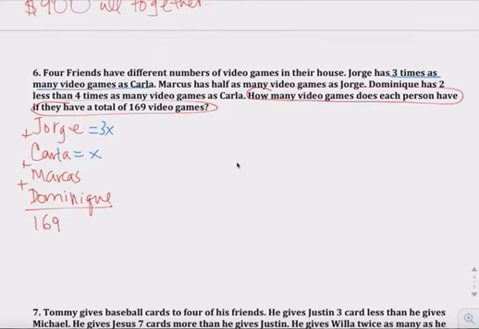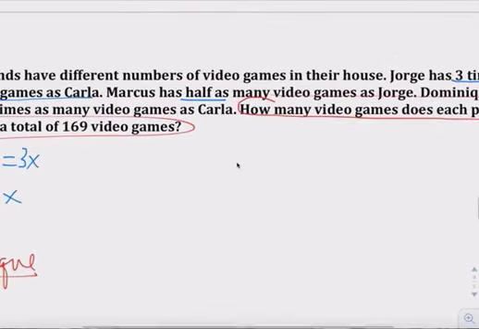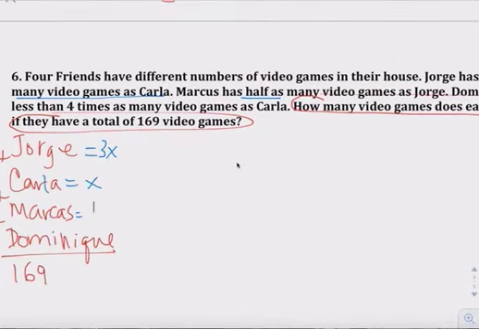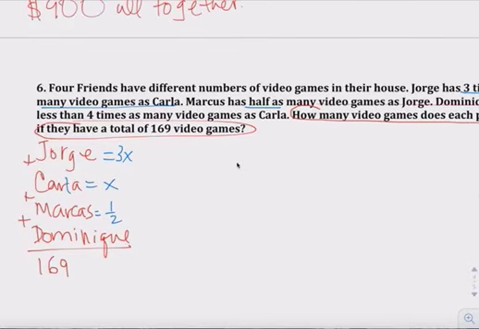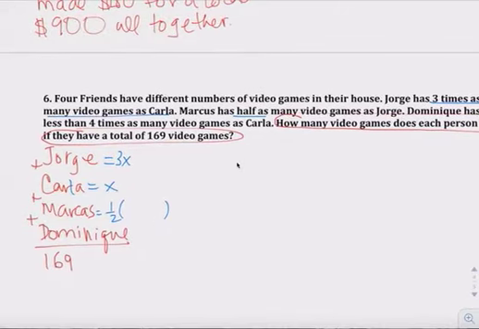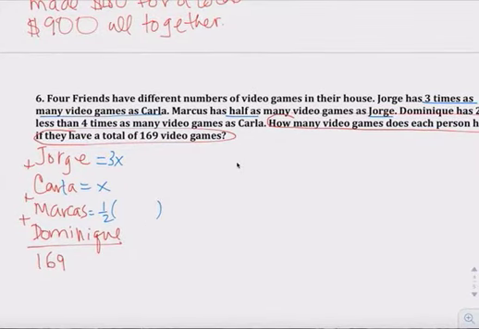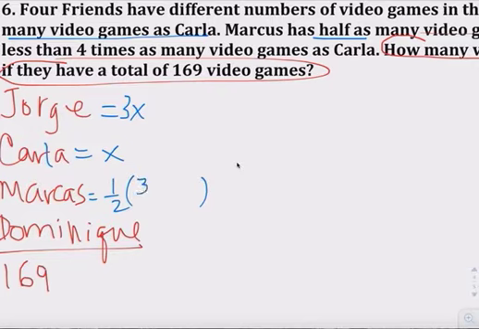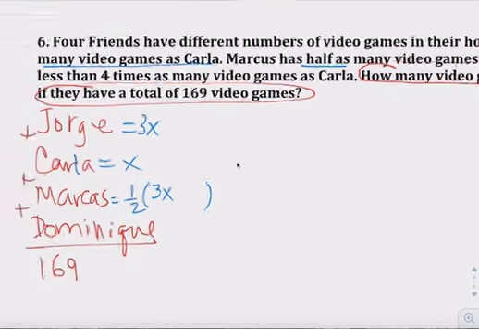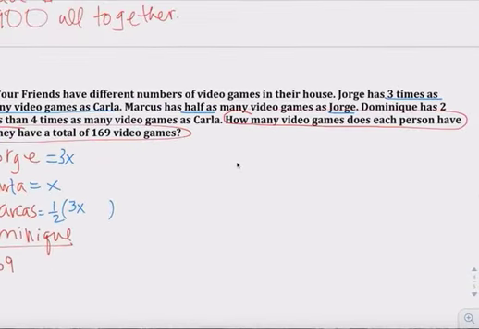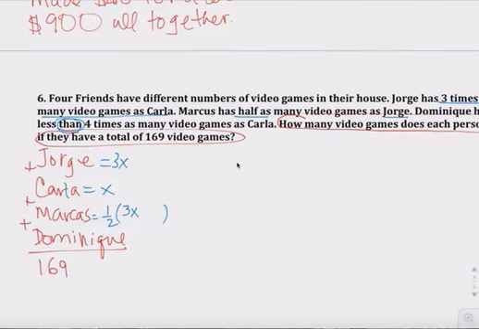Then Marcus has half. Half is always like the word twice. It's 1/2 times as many games as Jorge. So 1/2 times Jorge, times 3x. That's what Marcus has.